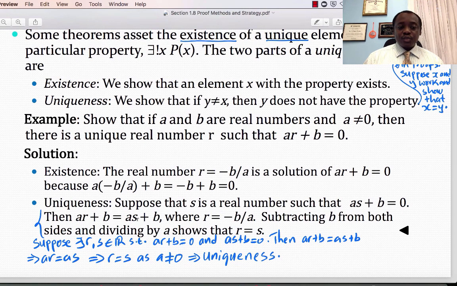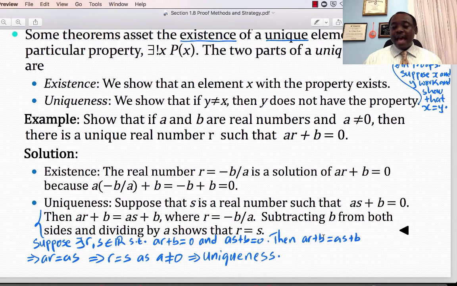For uniqueness, we suppose that there exist real numbers r and s such that ar plus b equals 0 and as plus b equals 0. So both r and s satisfy the equation above. But since equal things are equal, both of them equal 0, that means ar plus b equals 0, which equals as plus b, i.e. ar plus b equals as plus b.